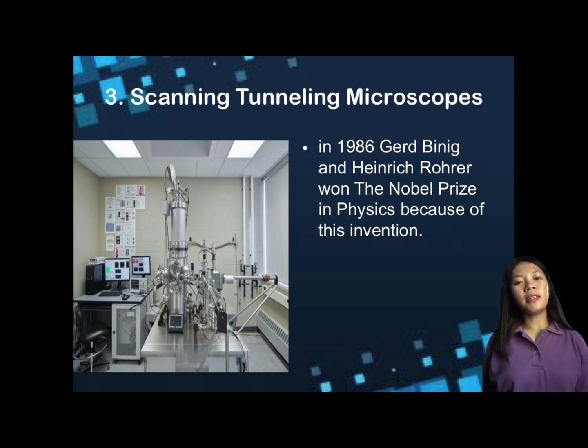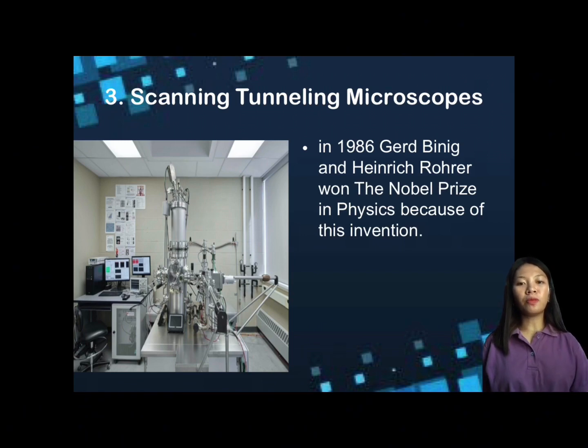And the third is the scanning tunneling microscope. Ito yung ginagamit ng mga scientists para makita nila yung mga small particles, and this microscope helps scientists to view and manipulate nanoscale particles, atoms, and pati na rin yung mga molecules.